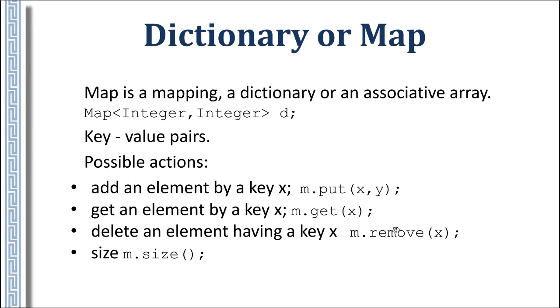When we remove, we do nothing. But for example, in Java, we get a null value. In Python, we have an exception here. That's why we should check existence of the key before, to be sure that behavior is correct.